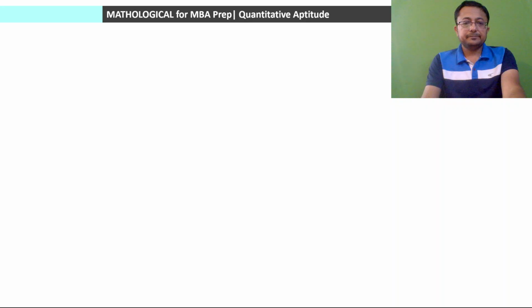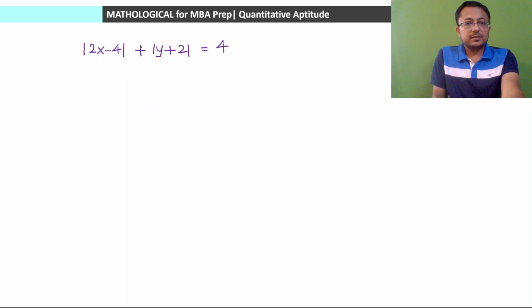Next case लेते हैं. Let's say we have a graph mod of 2x minus 4 plus mod of y plus 2, and this is equal to 4. This is our graph. In this case, we also have an additional coefficient of x that is equal to 2, and coefficient of y that is equal to 1.